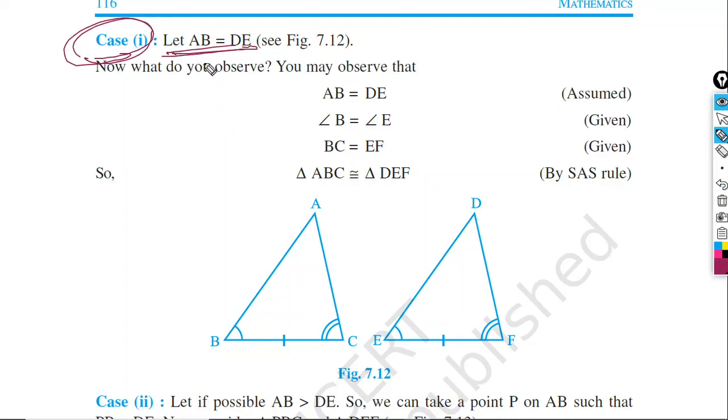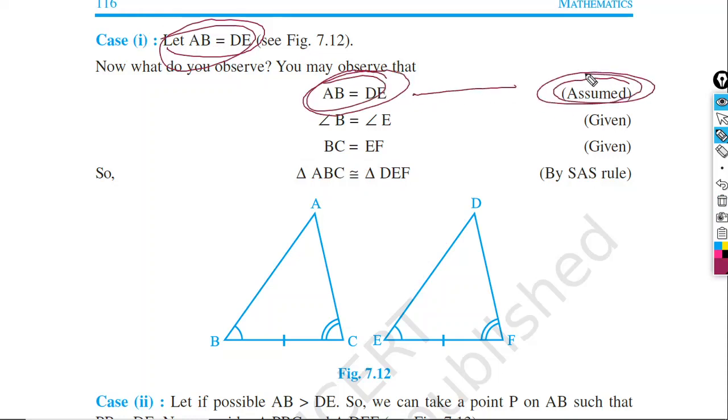And just look at it. Let AB equal DE. First we will consider AB equal to DE. Now in triangle ABC and triangle DEF, what do you see? We have assumed that AB equal to DE. Therefore AB equals DE, the reason is our assumption.